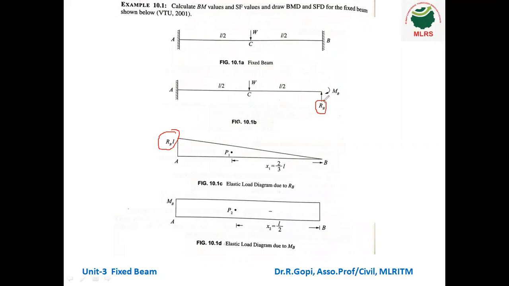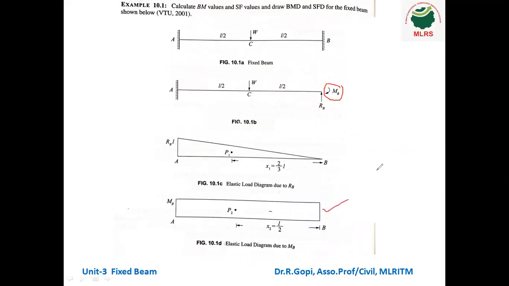Next, remove RB and apply only MB. MB is nothing but a moment. In case a moment is acting, what is the shape of the bending moment diagram? It is a rectangle.